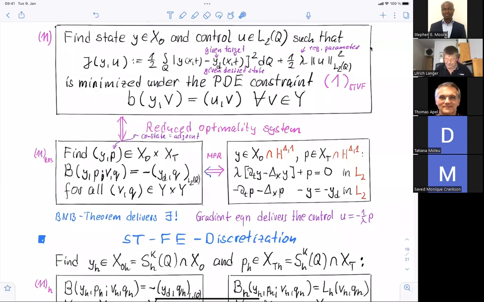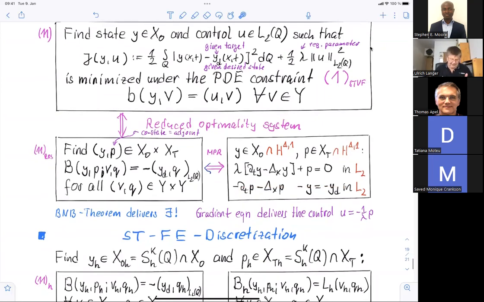So it's really true that this is the reduced optimality system, reduced by the gradient equation, by the way. We have these two equations: forward in time, valid in L2, and backward, we have a minus here, but in the well-posed sense in time for the co-state.